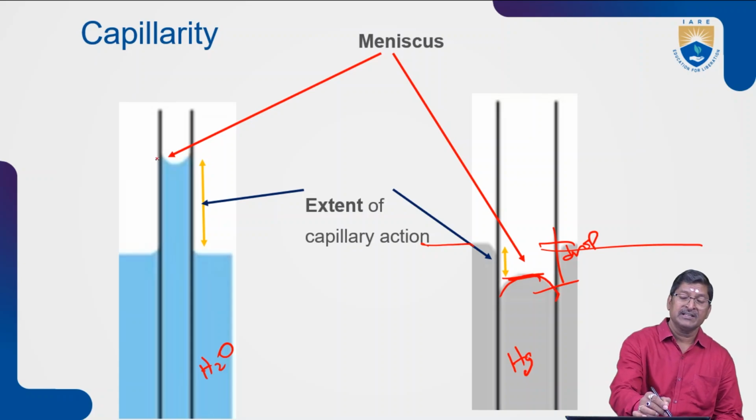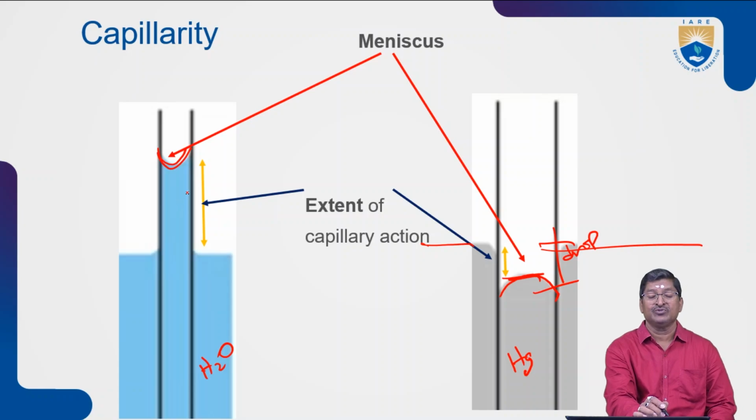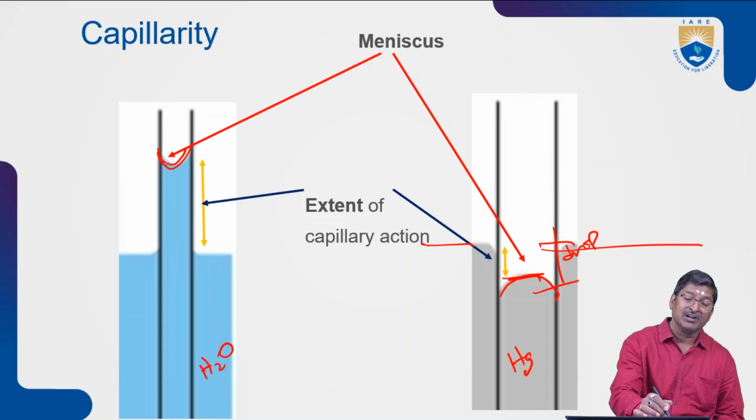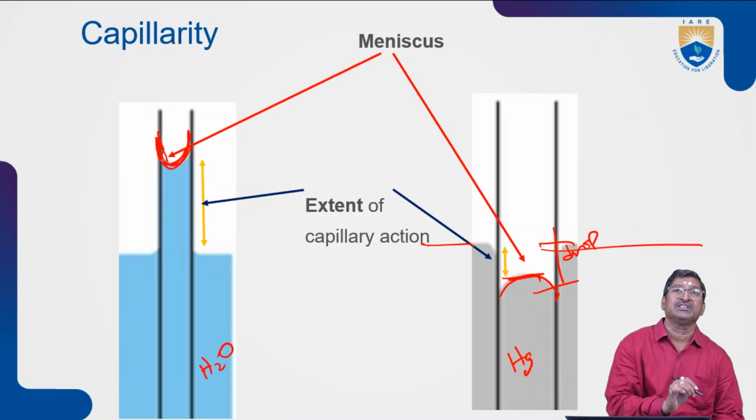Whereas this water has this shape because the adhesion property is more than the cohesion property. That means the attraction between the other material is more compared to the attraction between themselves. That's why the water level is raised at the edge of this glass. If the water level is raised like this, that's why the shape is like this.